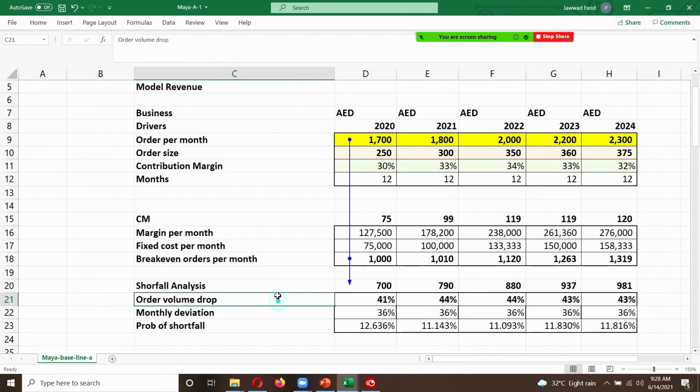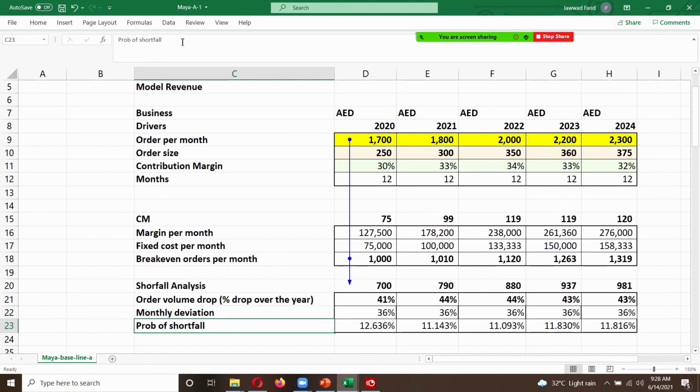So we're saying you're looking at a percentage drop over the year, right? This 41, 44, 43, 43% reduction in order volume can be used to calculate the actual probability of shortfall.